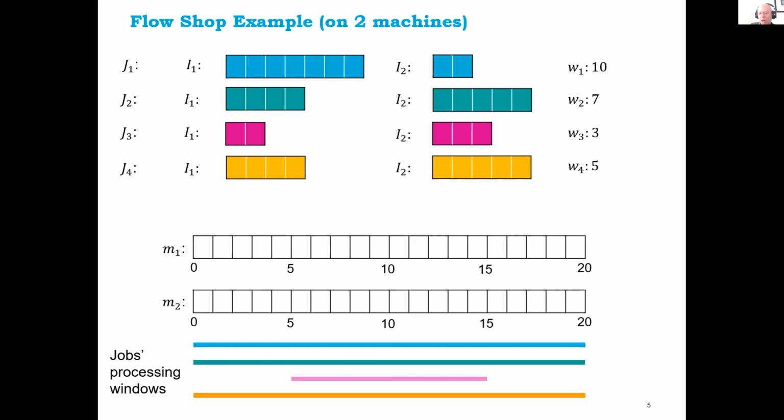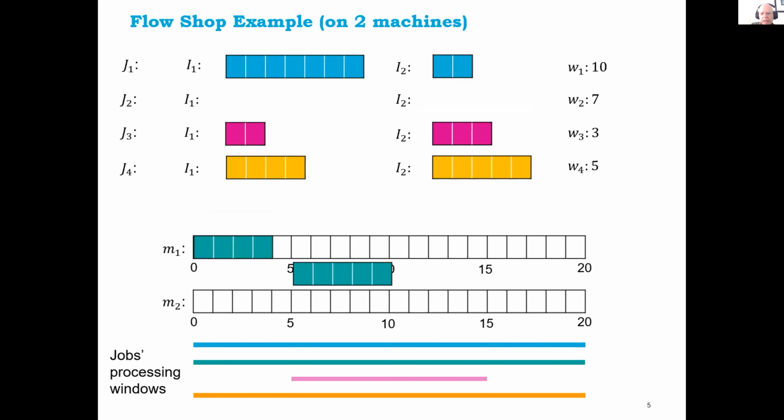Okay, so let's do now the right solution, or the optimal solution. So we start with the green job, and this is still a no-wait schedule for the green job. Now we put the pink job. Note that we have to wait 1 unit because the release time of the pink job is at time 5. So we idle the first machine until time 5.